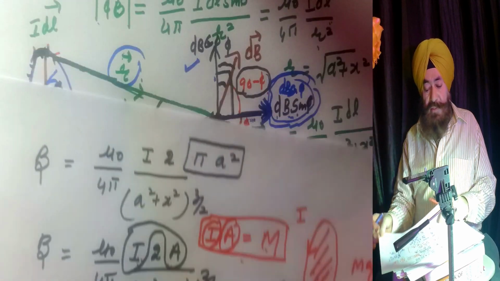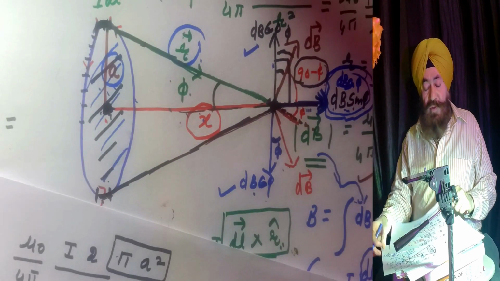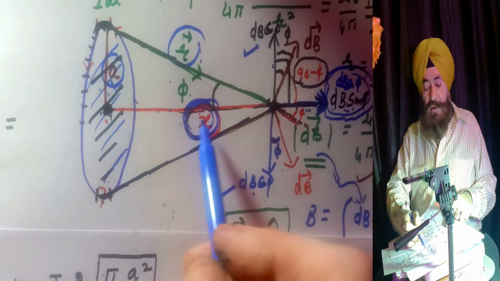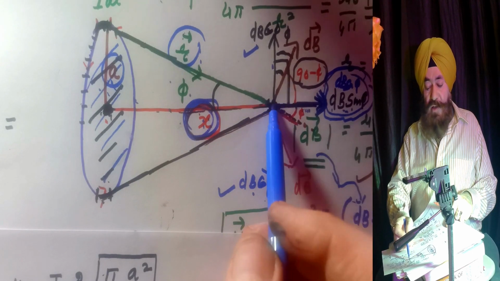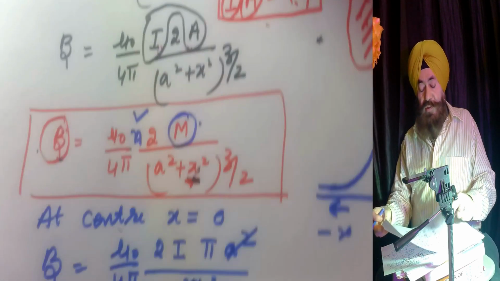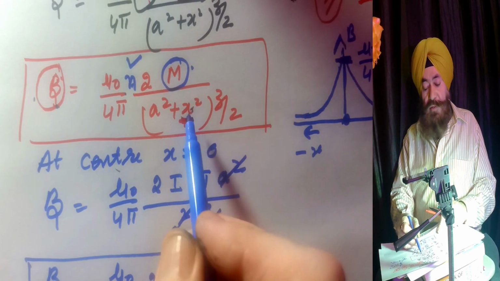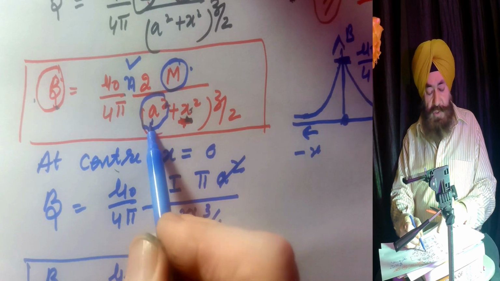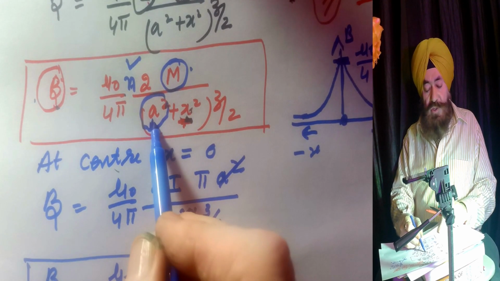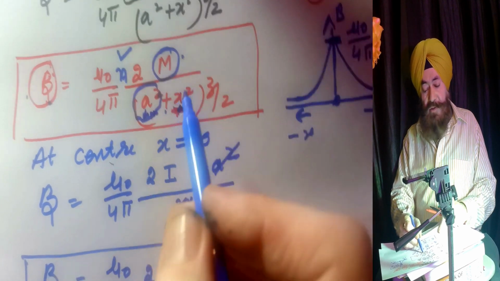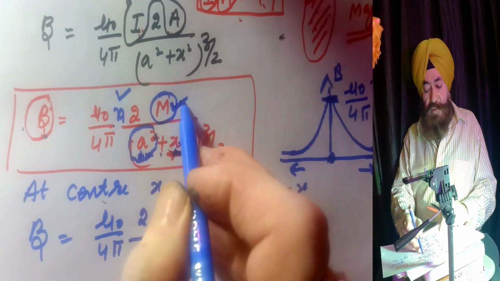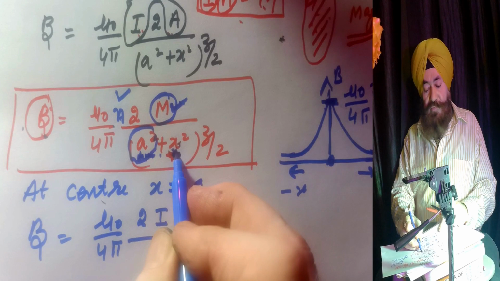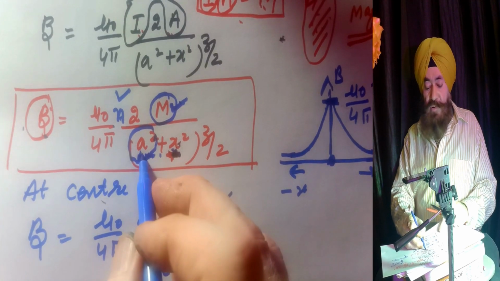One more point: if x is very, very much greater than small a, meaning your observation point is far away from the loop, then you put a equals to 0 in comparison with x. Do not put a equals 0 in the magnetic moment; you can put it in comparison with x, because x is very much greater than small a.